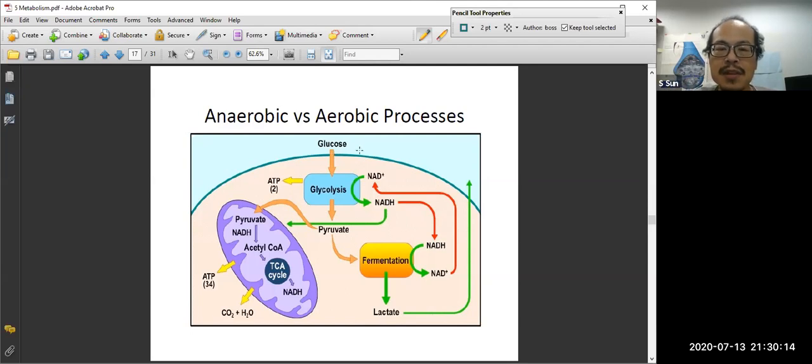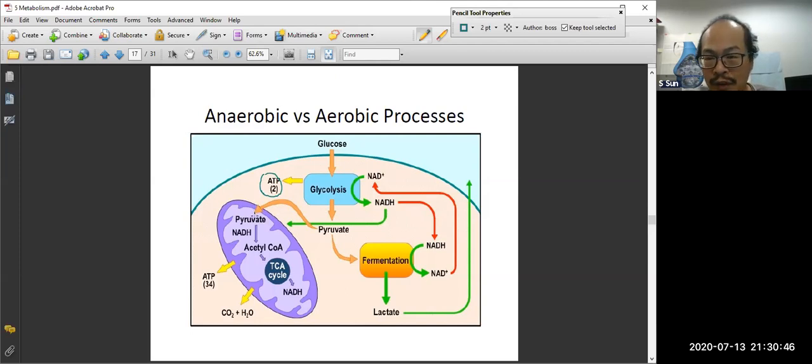The first stage is called glycolysis. This glycolysis is the one that doesn't require oxygen. So this process is also called anaerobic reaction. And that produces 2 ATP. It's not like totally useless. It produces 2 ATP, but not a lot.